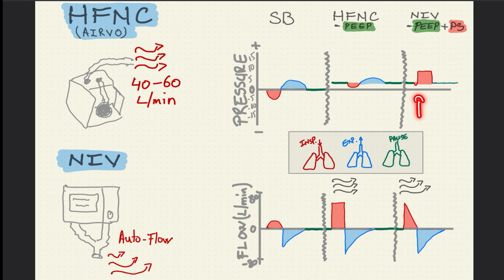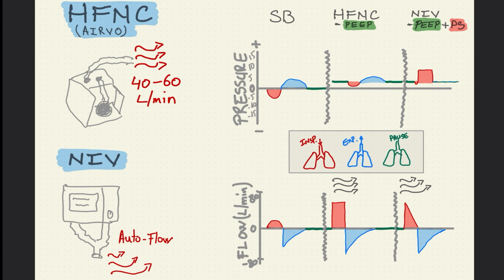The pressure gradient in this situation is now generated by the ventilator itself, leaving time for the inspiratory muscles to rest. This offloads the work of breathing. By decreasing the work of breathing, we might postpone or even avoid invasive ventilation.